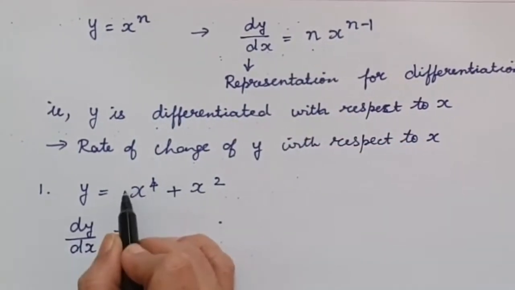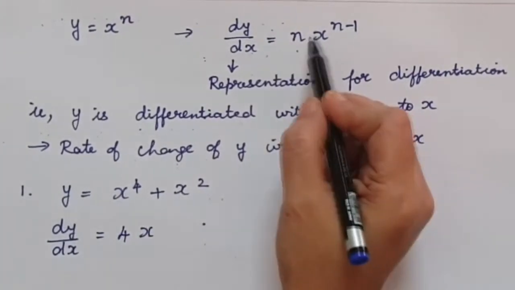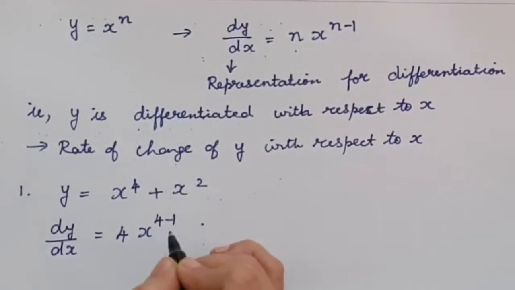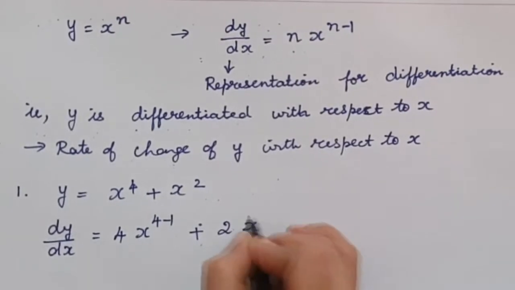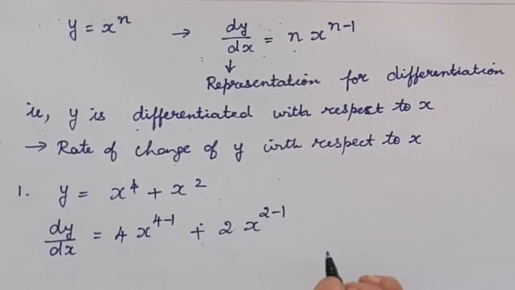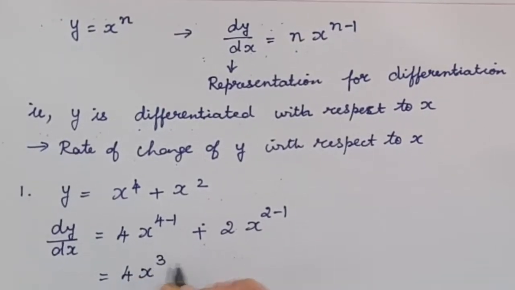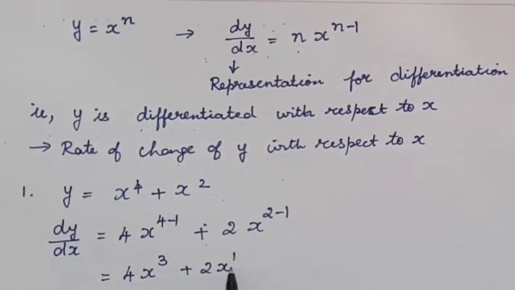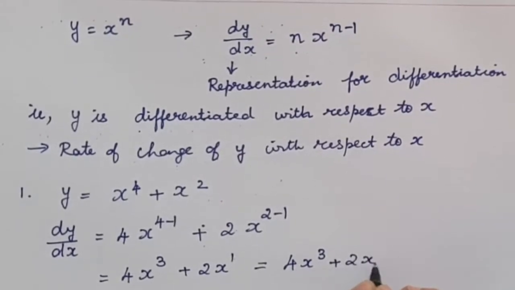So 4 will come forward, 4 x to the power of 4 minus 1, plus 2 we take forward, x to the power of 2 minus 1. So it comes as 4x cubed plus 2x to the power of 1. 2x power 1 is nothing but 2x. So this can be written as 4x cubed plus 2x.